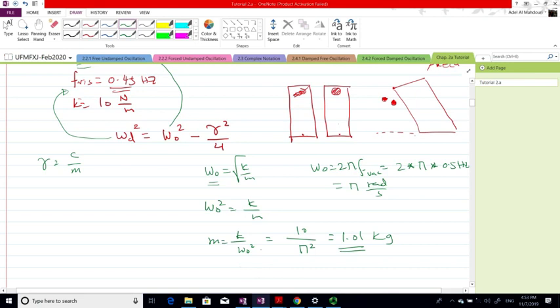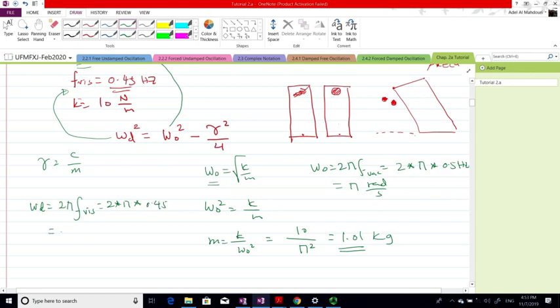So if we would like to know the mass, but if you would like to know omega D, for example, it will be similar like this formula, 2 pi f viscous. And that one will be 2 multiplied by pi multiplied by f viscosity, which is 0.45.